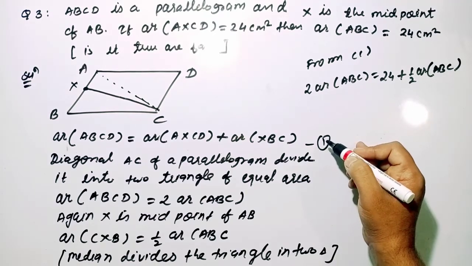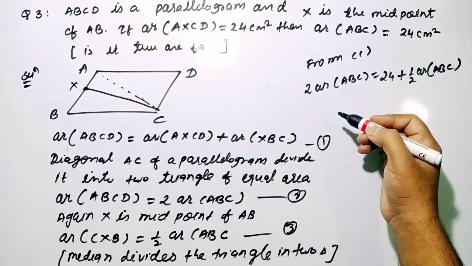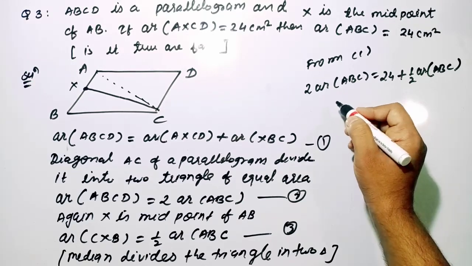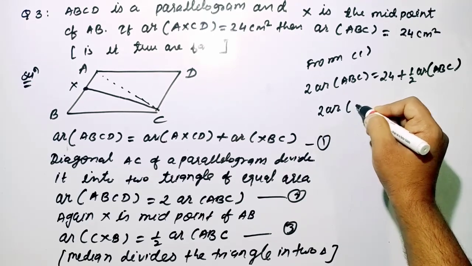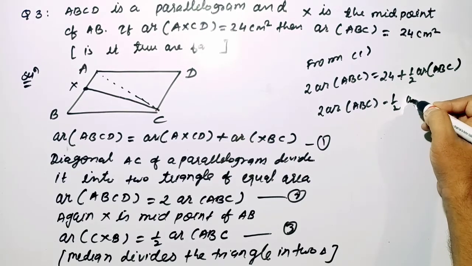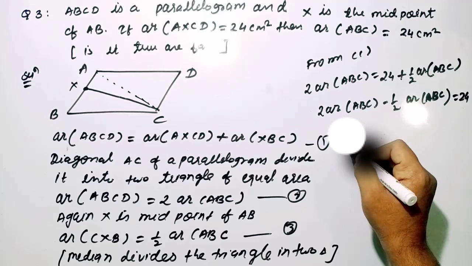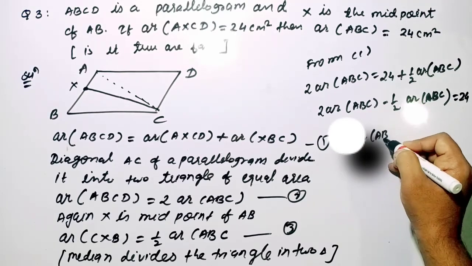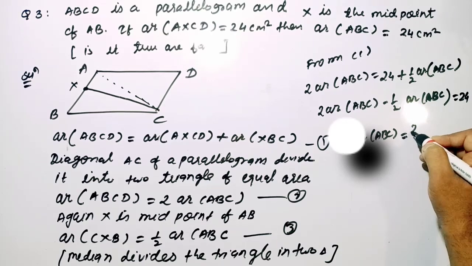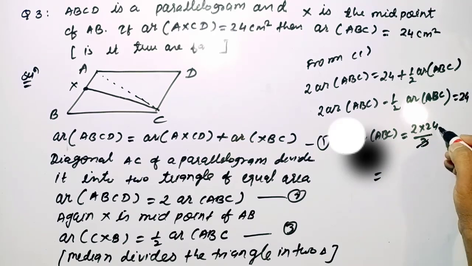So twice the area of ABC minus half the area of ABC is equal to 24. After simplifying, we are getting the area of ABC is 16 centimeter square.